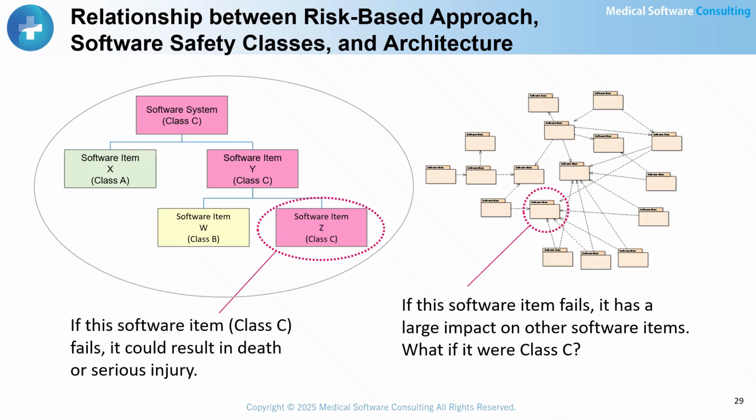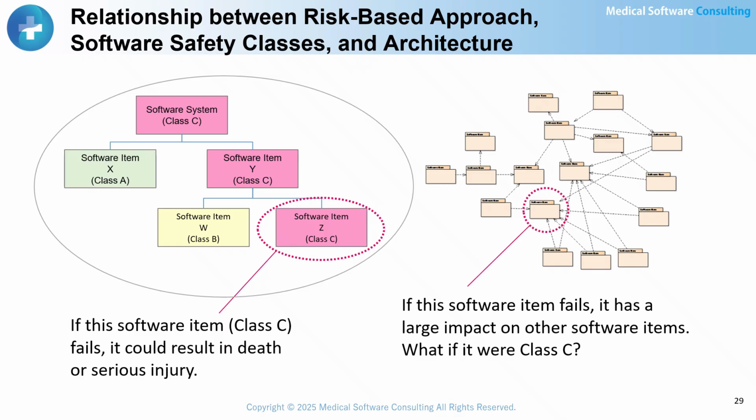What if a software item that is strongly connected to many other items is classified as Class C? Or what if that software item itself serves as a risk control measure? In such cases, if a malfunction occurs in one of the related items and it affects the performance of this Class C item, or if there is a bug inside the item itself, it could potentially have a broad impact on many other software items.